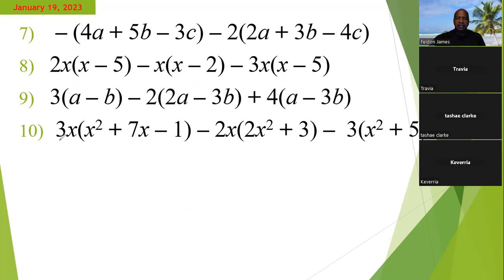So you have 3x times x squared. You'll get 3x cubed. And then 3x times 7x, 3 times 7 is 21, and x times x, you get 21x squared. And then 3x times 1 gives you 3x.